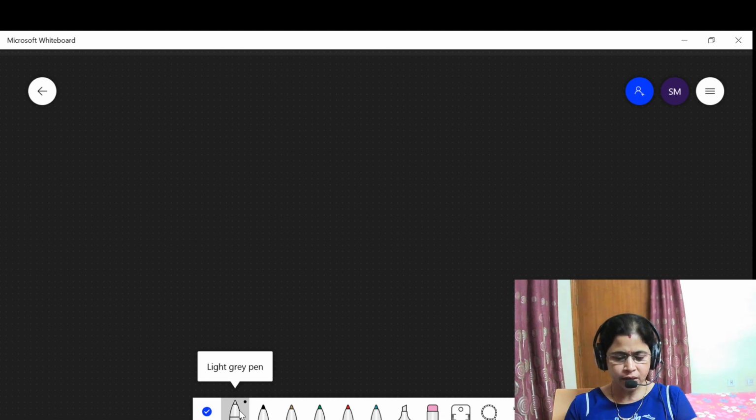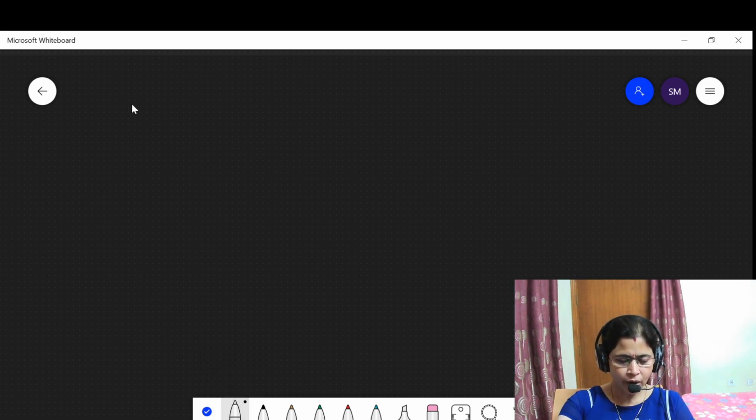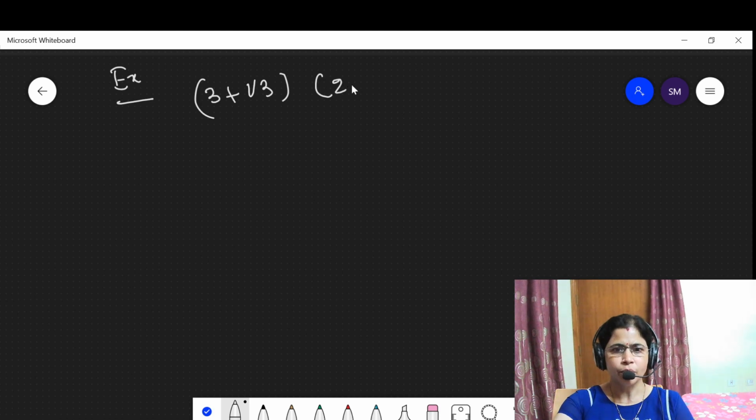Here another example says, students, please note down the question, pause the video and try to do it on your own. The question says, simplify the following expression. The expression given is 3 plus root 3 into 2 plus root 2.